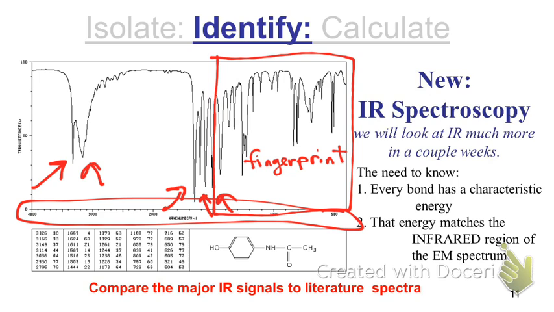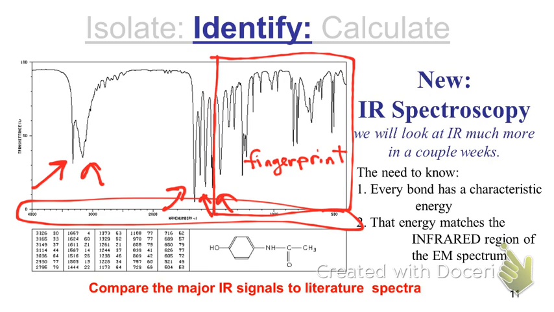Any ideas why it might be the fingerprint? It's very specific to an individual compound. Okay? So if you compare that region, everything should match up perfectly. If it doesn't, it's probably not that compound. Okay? Much like we can identify each other based on our fingerprints. Okay? We just don't do it.